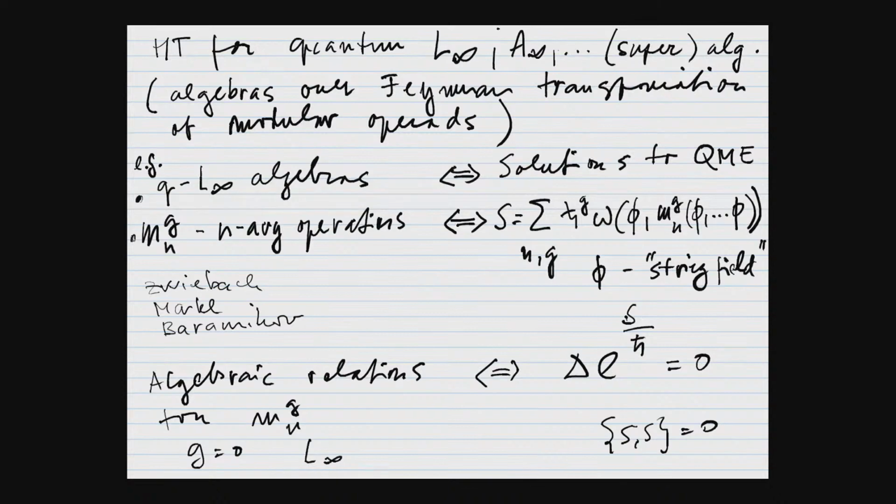Because there is a one-to-one correspondence between, for example, quantum L-infinity algebras and solutions to the quantum master equation. And actually, this holds true for all these homotopy algebras originating from the Feynman transform of a modular operad.